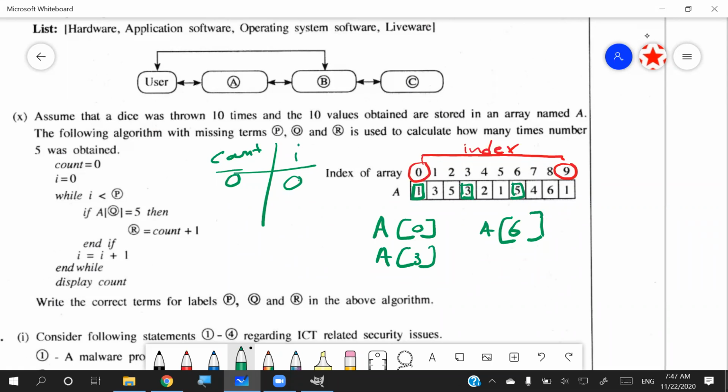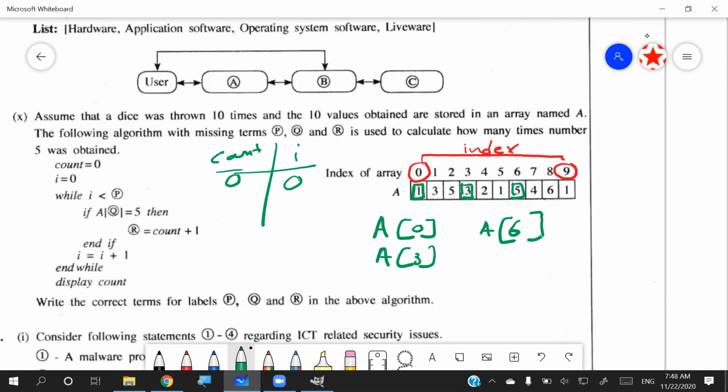So let's assume it goes inside the while loop, and it says if A[I] equals 5. So Q is going to be something starting from 0 and going until 9, because for the first iteration you have to consider the very first item, so this should be 1, right? For the second iteration this should be 2, third iteration it should be 3, likewise it should go, right?